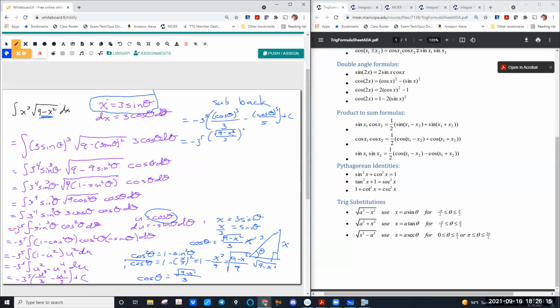Remember that that gets cubed over 3. Let's put a big old bracket here. All right. Minus, same basic thing, the square root of 9 minus x squared over 3 to the 5th over 5. Bracket.